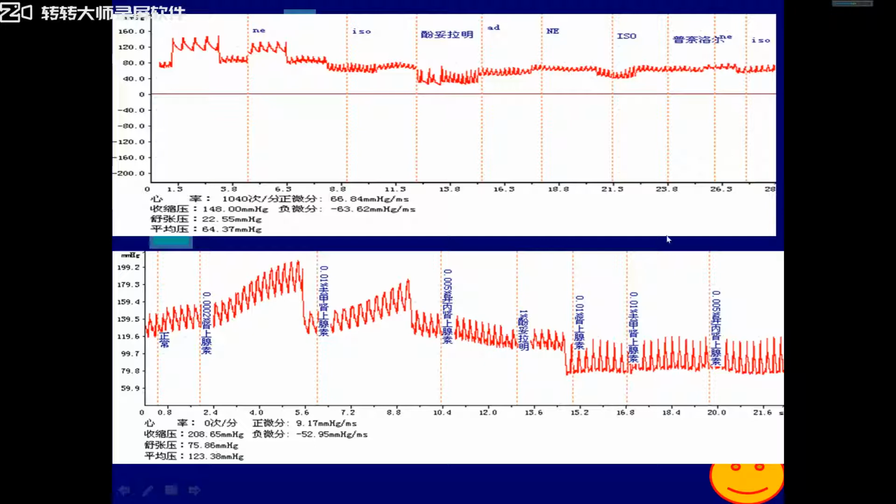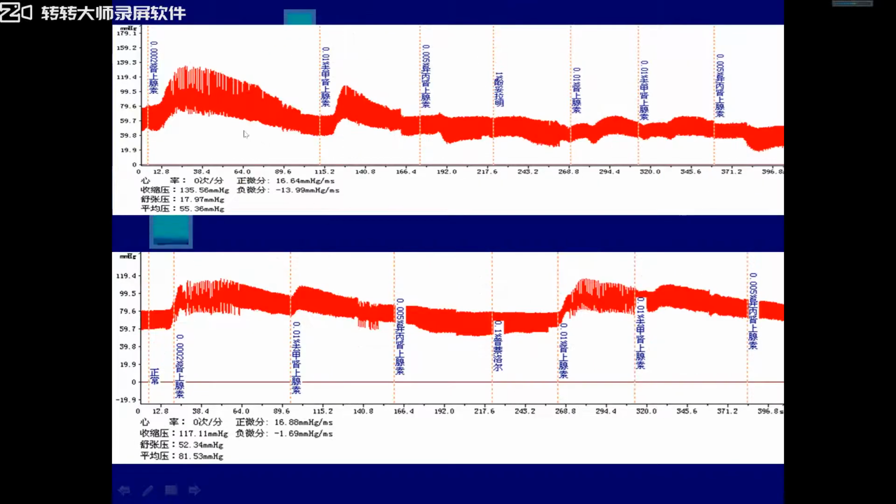Okay, this is the third group's blood pressure curve. This is the fourth group's blood pressure curve. Okay, and the experiment was done very carefully. So thank you for doing the labs. Okay, and let's summarize.